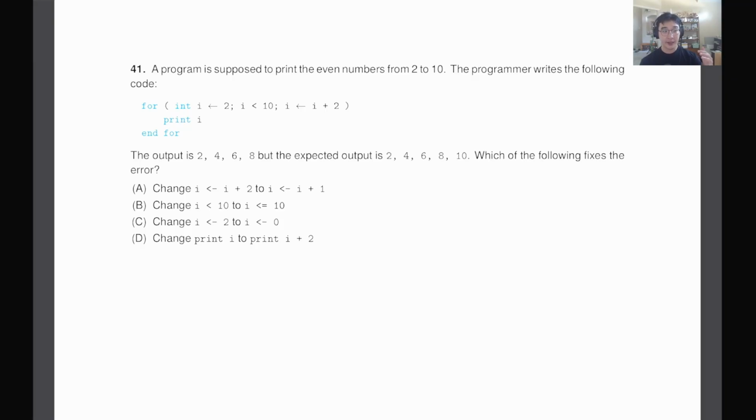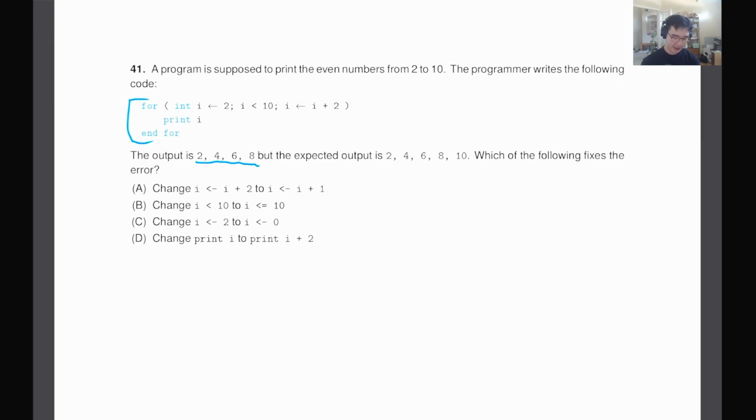Once again, you can trace through line by line, but by this point I'm going to assume you've seen enough of my videos on for loops, and I'm going to think more meta about this. Right now, this code prints out 2468, and we want to make a change to make it print 246810.